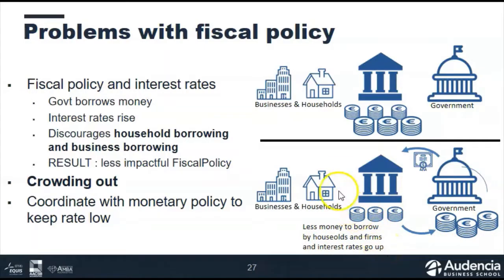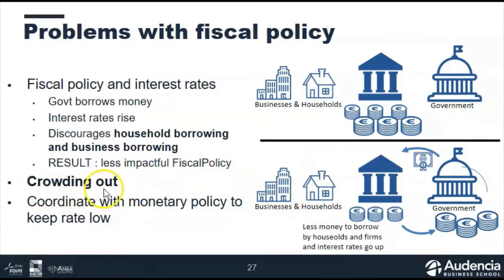And the result of that is, at the end of the day, a less impactful fiscal policy. So imagine you borrow money, you can spend more money, but at the same time, because there's little money left, interest rates go up, and businesses and households now have to pay higher rates of interest to consume or invest. And if interest rates go up, that could actually decrease their levels of investment.